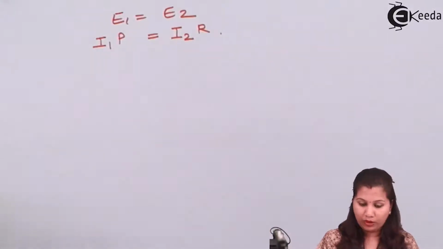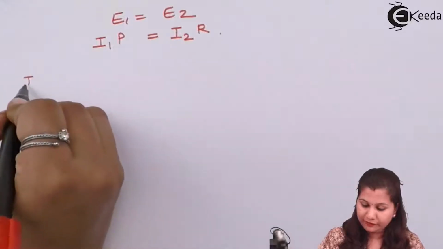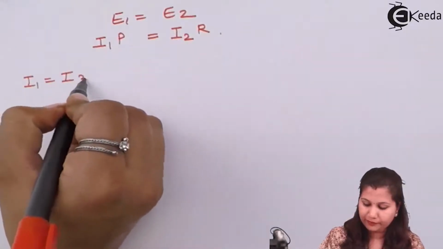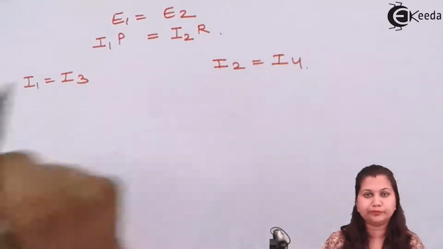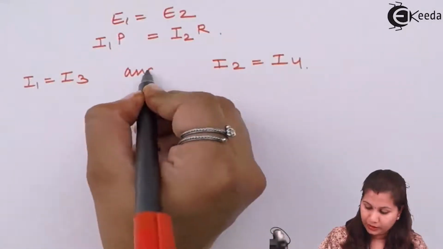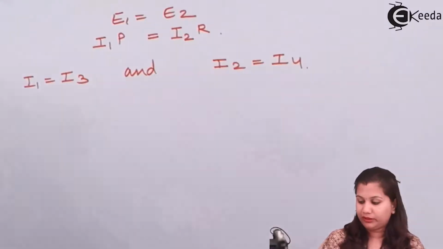Now what we have written first is that I1 is equal to I3, and also I2 is equal to I4. Now what is the value of I1?